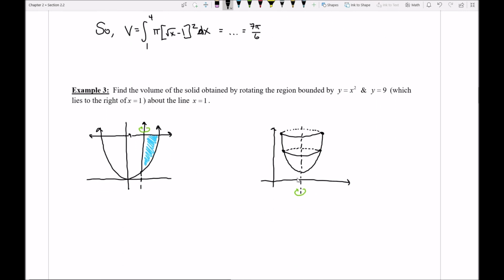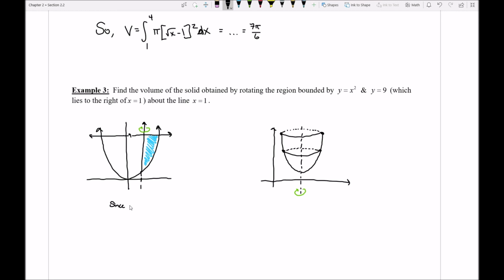However, here, my circles are stacking vertically on one another, right? That is, I have a circle and then another circle on top of that, and on top and on top. I got a bunch of circles stacking in the vertical direction. And so because of that, this is very likely going to be a dy question. That is, a question that I have to set up an integral for with respect to y.